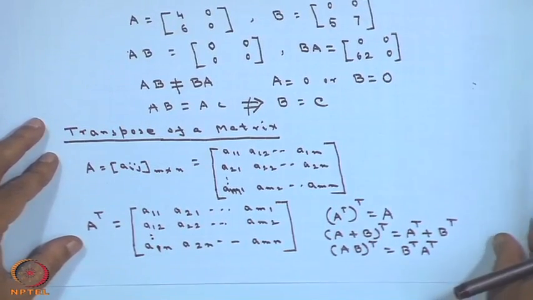So, we will use these things for finding the solutions. You will see how we are actually using all these properties afterwards, how you are formulating a model, converting in terms of matrices, and trying to find out the solutions.